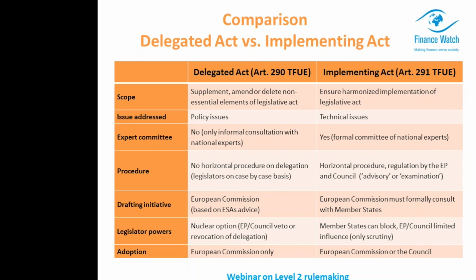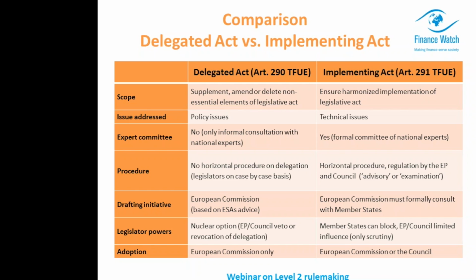So in the case of a delegated act, it's always on a case-by-case basis, when the Council and the Parliament discuss whether there is a need for delegation, while with the implementing act, there is a regulation of the European Parliament and the Council which sets the general principles for the comitology procedure.